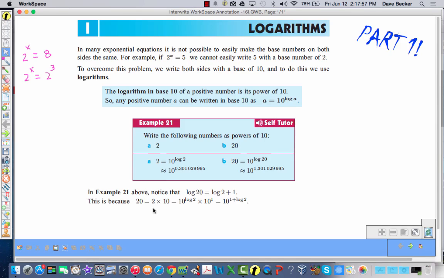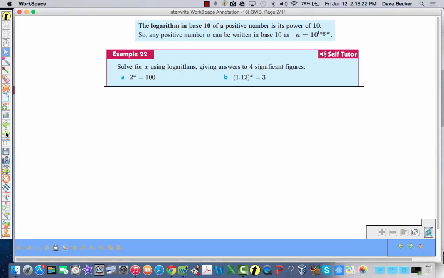I can rewrite 2 as 10 to the log of 2, just like we did here, right? Times 10 to the first power, right? So that is the same base here, multiplying. All we do is add the exponents, and we get 10 to the 1 plus log 2, okay? So it's just an example of how we can use logarithms to manipulate, okay?